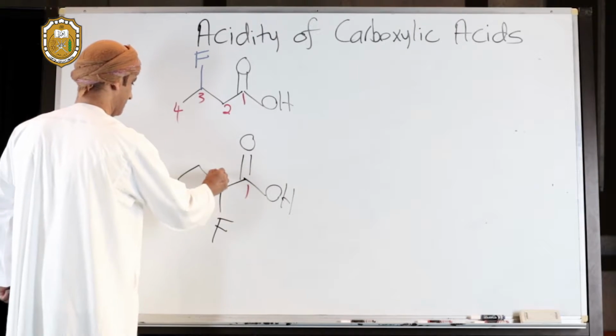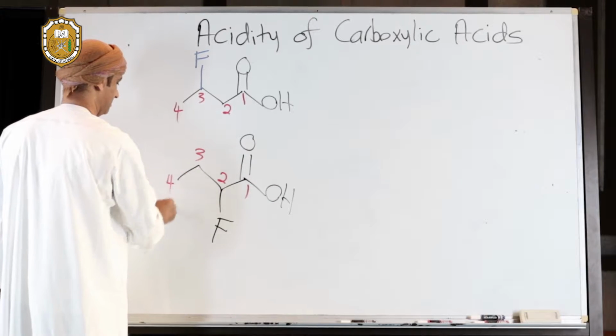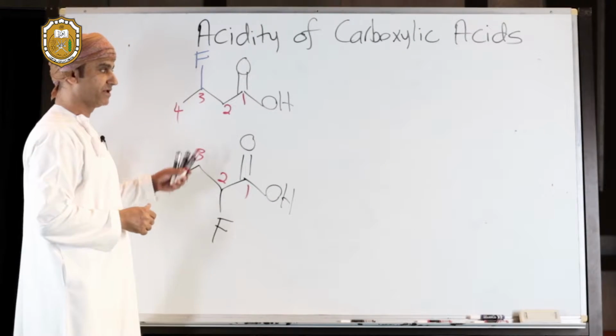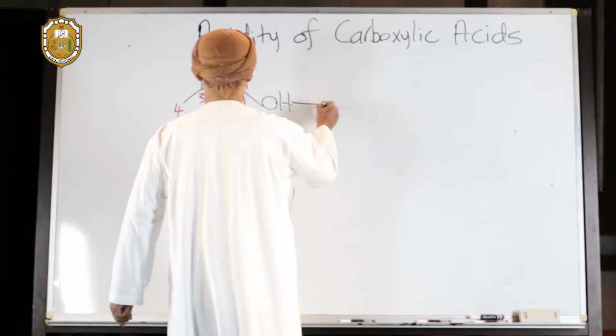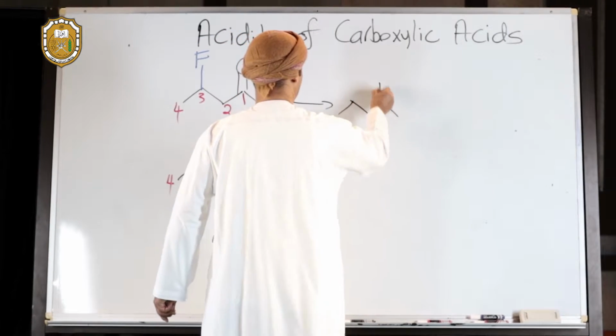So 2-fluorobutanoic acid. We can draw the corresponding conjugate bases, and if we do that, we would get something like this.